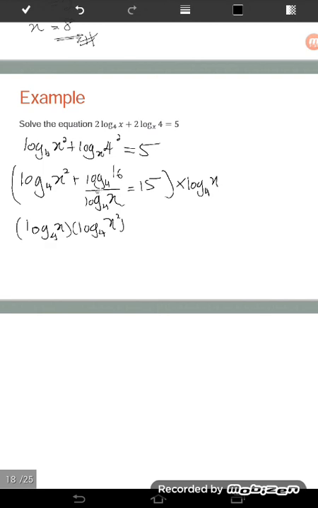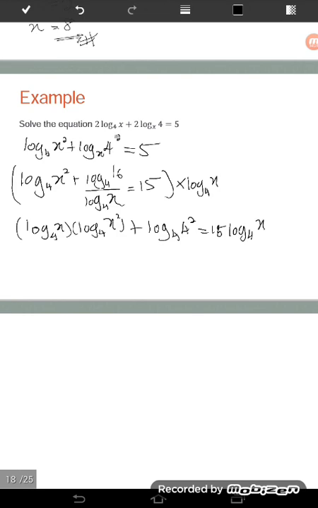Okay, and this one cancels the denominator, so you will have log 4 and 16, actually, is 4 power of 2. Okay, so that is equal to 5 log x base 4.